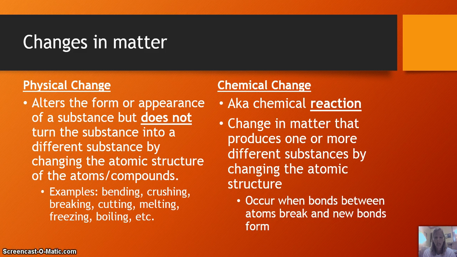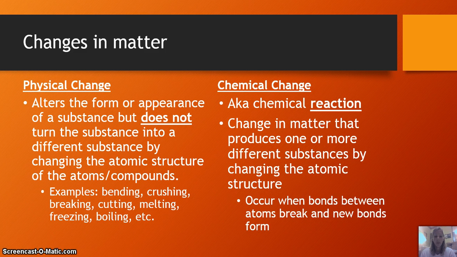A physical change alters the form or appearance of a substance, but it does not create a new substance or a different substance. That only happens during a chemical change, which we're going to talk about in a second.